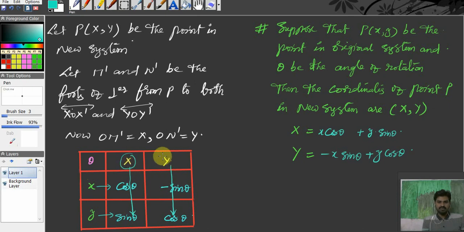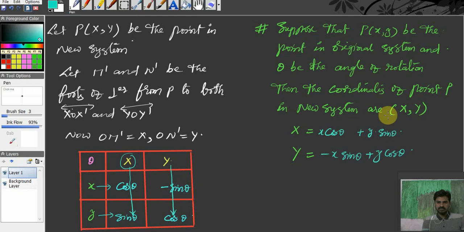In the same process, capital Y is obtained from the column of capital Y. There will be first minus sin theta and then cos theta. The first is multiplied by x and the second is multiplied by y. You can get capital X and capital Y. So after finding the x value and y value, you can put them in as x comma y. You will get the coordinates of the point in the new system.